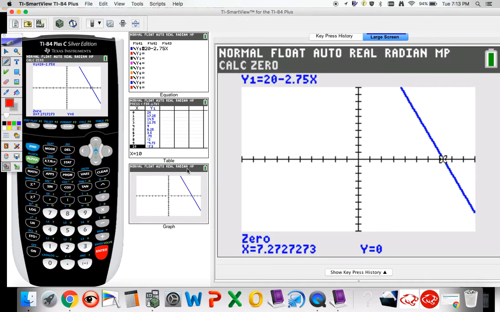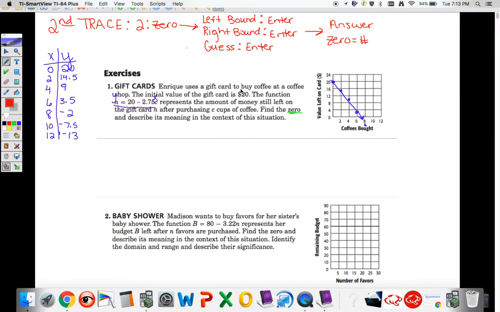So on my little paper, okay, I'm going to write down x equals 7.27. Okay, and then we're going to write out what that means.